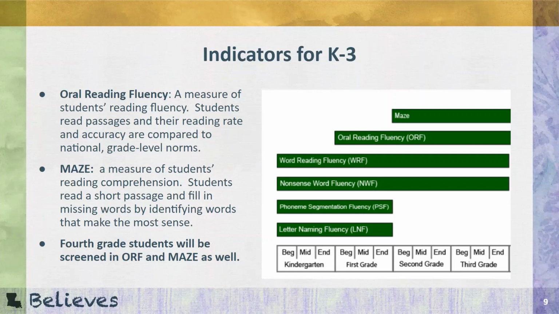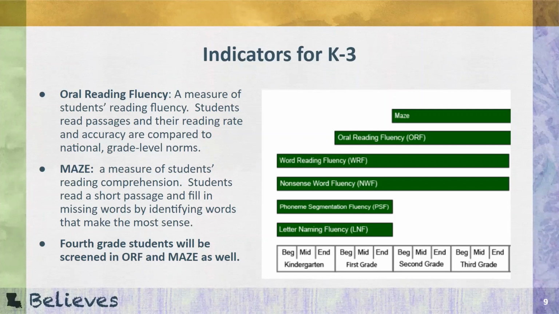Maze is a measure of students' reading comprehension. So students will read a short passage, and then they will fill in missing words out of a selection of three by identifying the words that make the most sense. So a lot like nonsense word fluency, Maze is an effective assessment tool, but not an instructional practice.